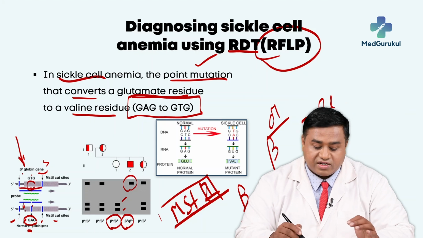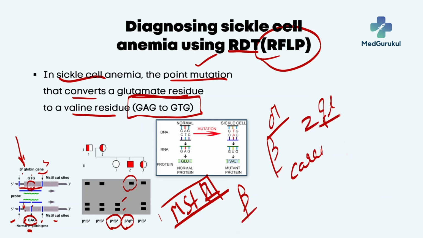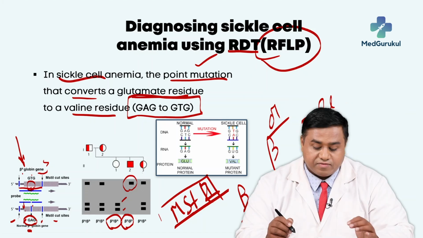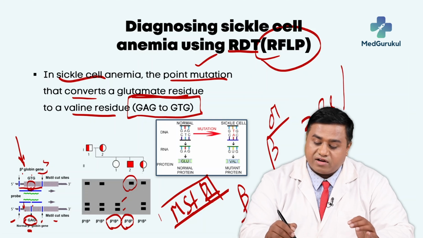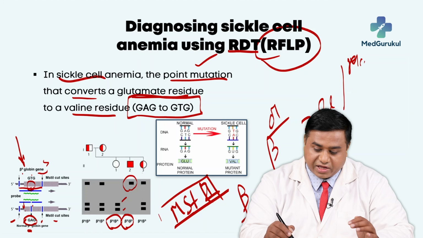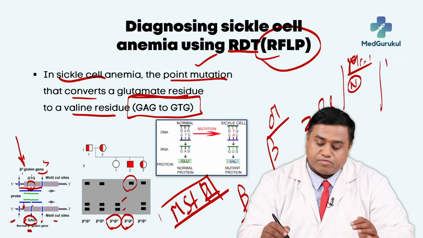If the person is a carrier of sickle cell disease, that means one gene, from the father's side, is normal, and the one coming from the mother's side might carry sickle cell.